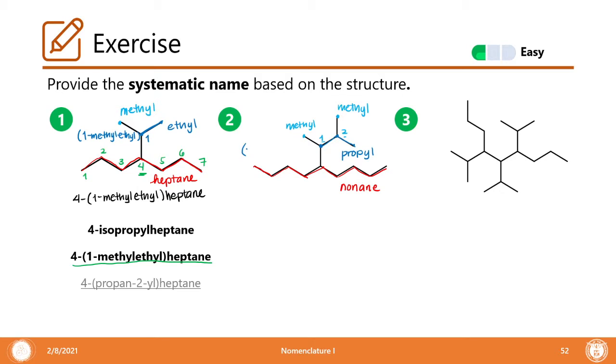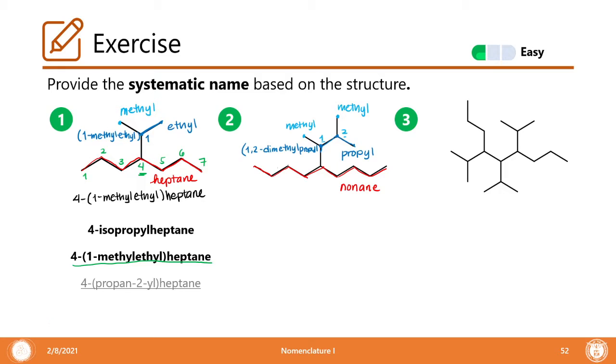Parentheses 1, 2 dimethyl. Again, we have 2 methyl groups, propyl. 1, 2 dimethyl propyl. So that's our whole complex substituent name.